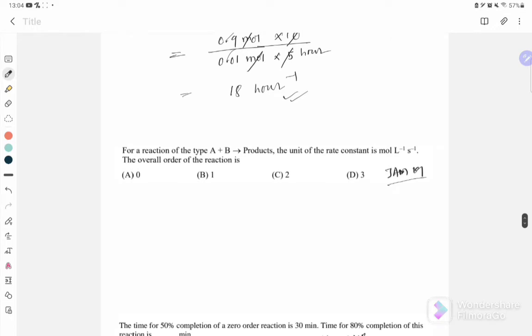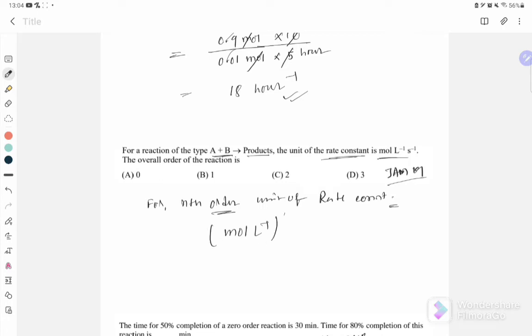That came in JAM 19. For the reaction A plus B to product, it asked about the unit of the rate constant. Our general unit form for nth order: the unit of the rate constant will be mole per liter to the power 1 minus n, second inverse.